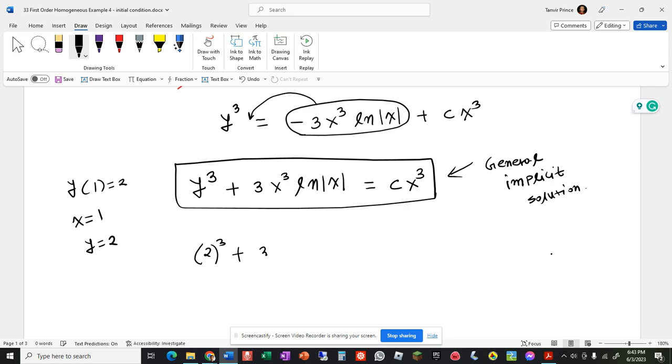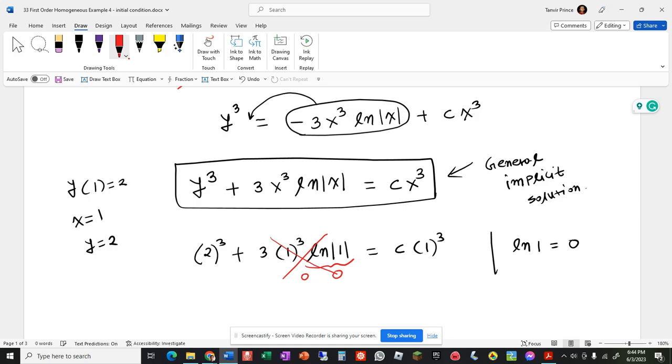In place of x, I substitute 1. And remember, ln of 1 is 0. So this ln of 1 is actually 0. So that will make the whole thing 0, because 0 times anything is 0, right?